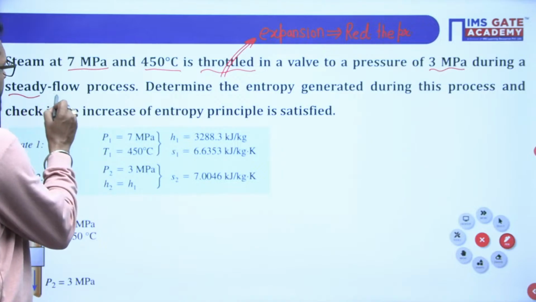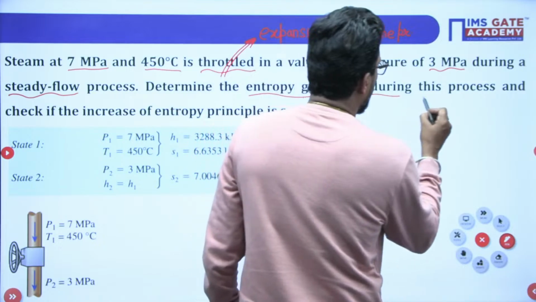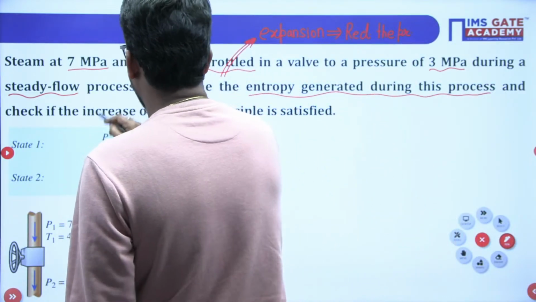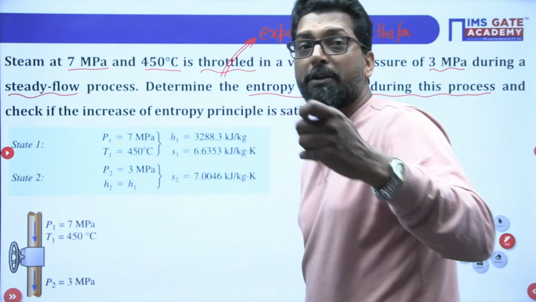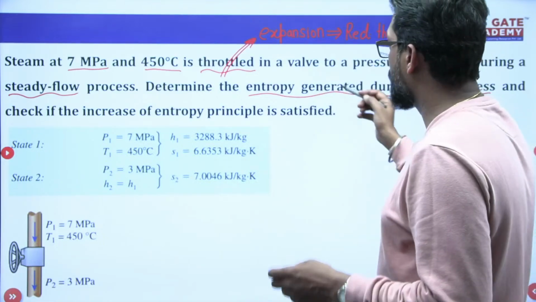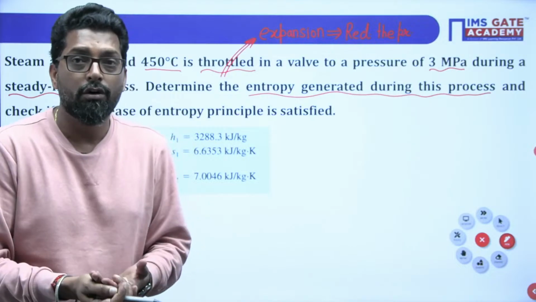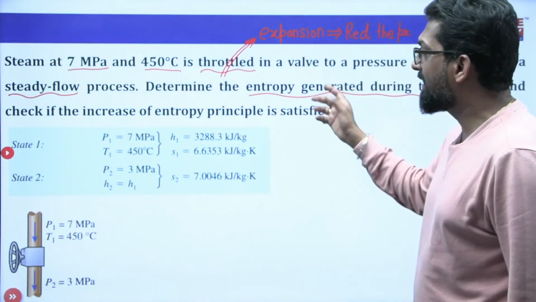Determine the entropy generation during this process and check whether the principle of increase in entropy is satisfied or not. That means we have to find S generation, and if S generation is greater than 0, the principle of increase in entropy is satisfied.